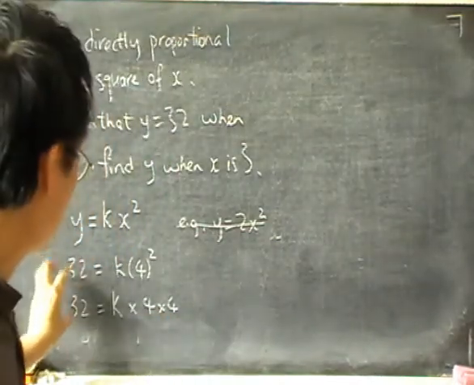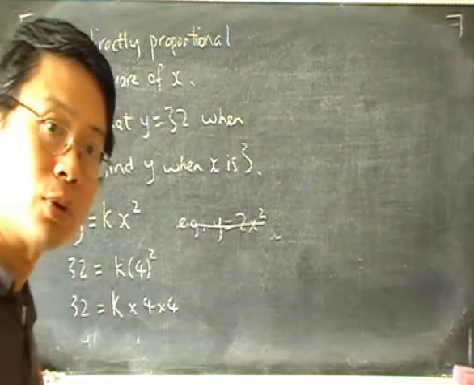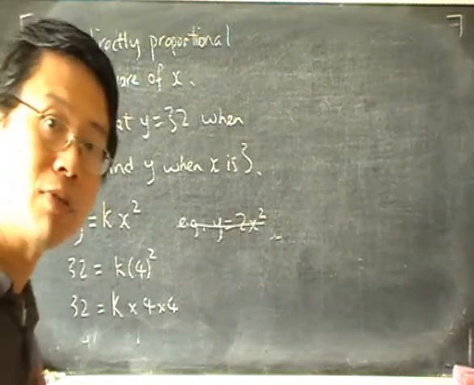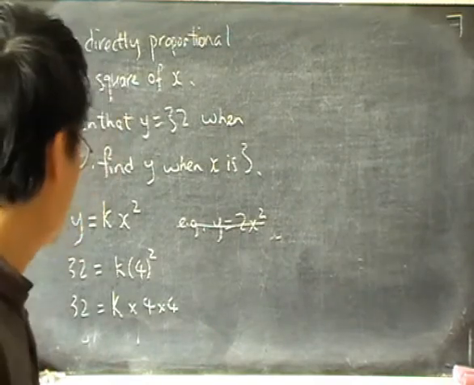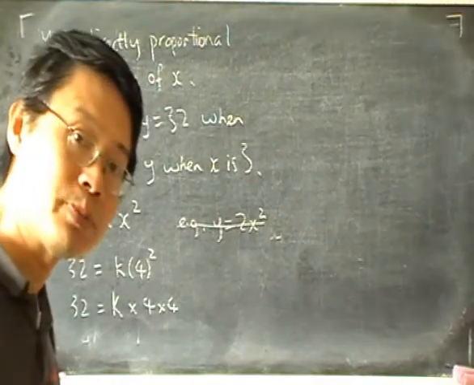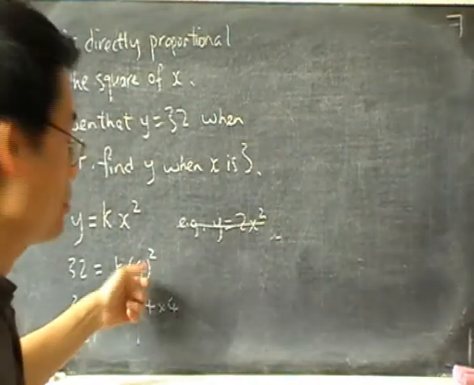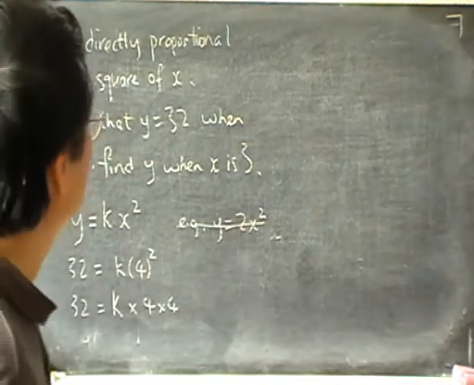If I have to divide 32 by 4 twice, it's easier if I divide 32 by 4 and then by 4 again, because 4 is a smaller number than 16 if I were to square it first.